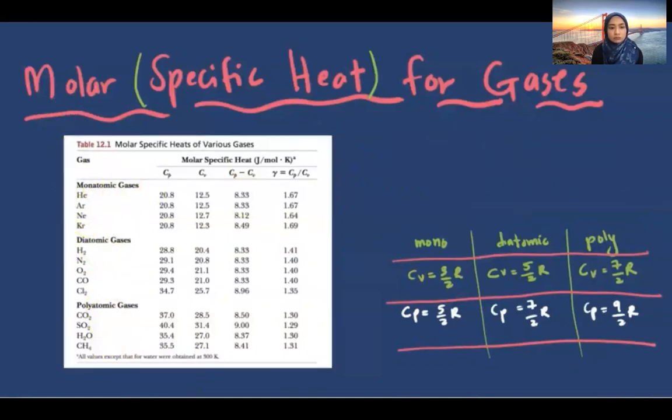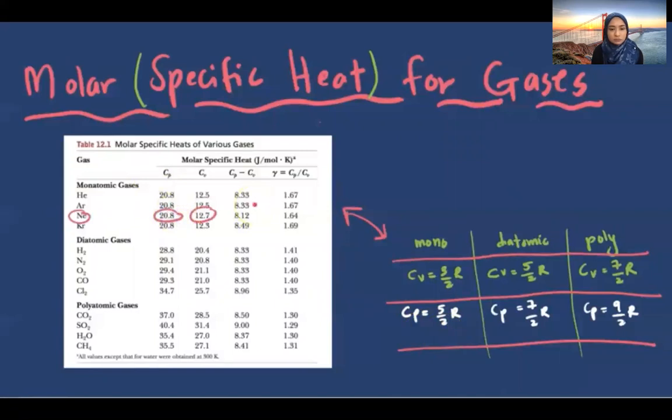We can see that the approximation is pretty close. If your question does not give you the values of CV and CP, then you can approximate by using the CV equation or the CP equation, which is 3/2R, 5/2R, etc. So let's take a look at neon gas. The CV is 12.7 and the CP is 20.8.